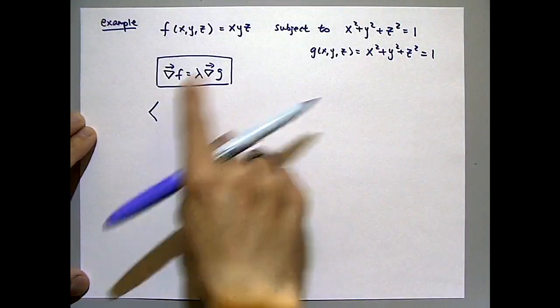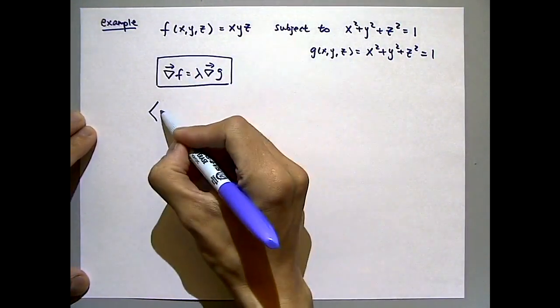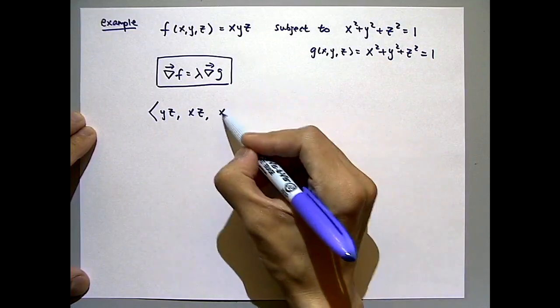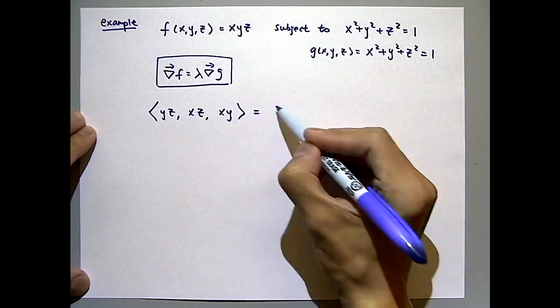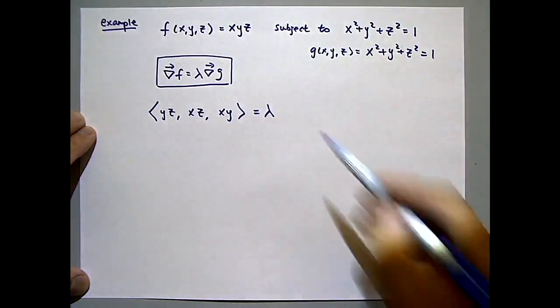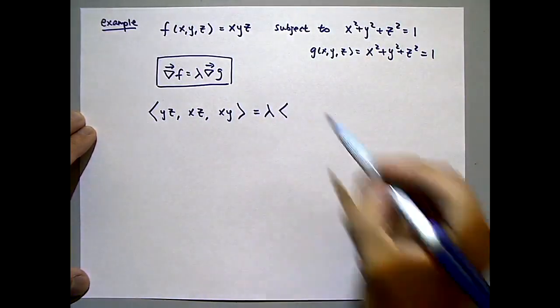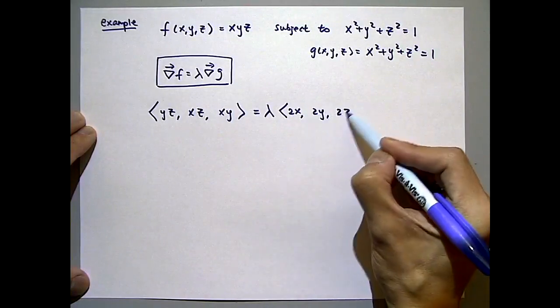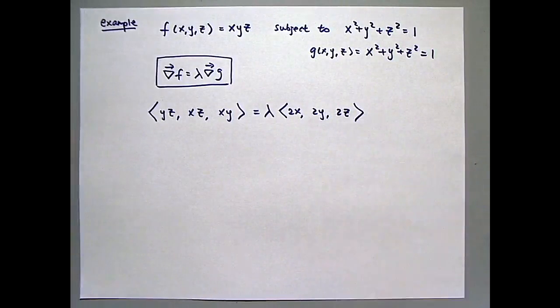All right, let's get this down here. Gradient of f, that should be easy: yz, xz, and xy, equal to a constant times the gradient of g: 2x, 2y, 2z. Last time we had two equations because we had two-variable functions.